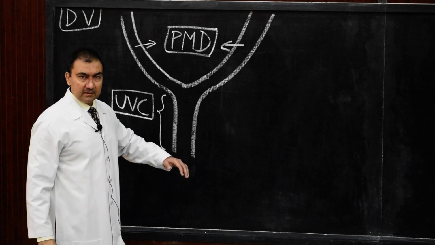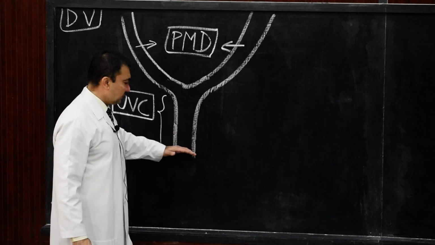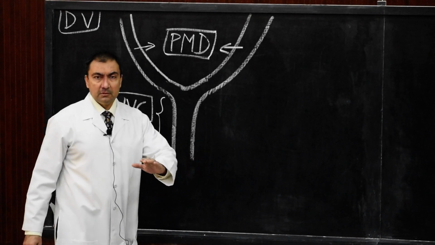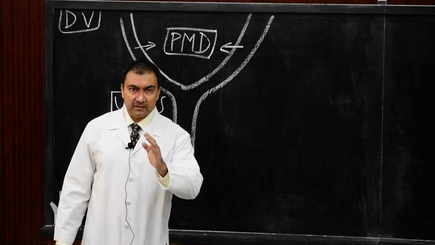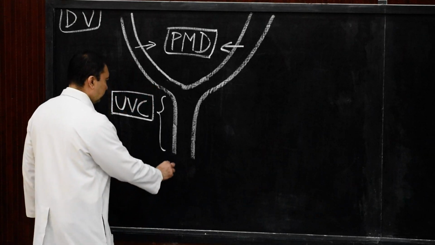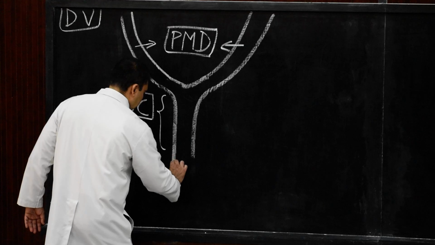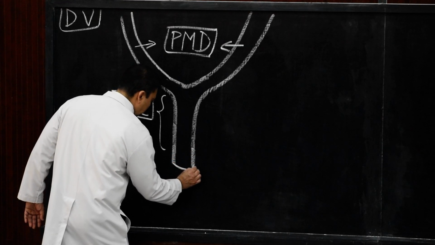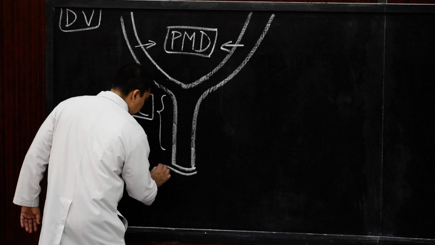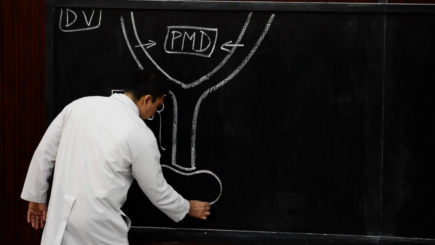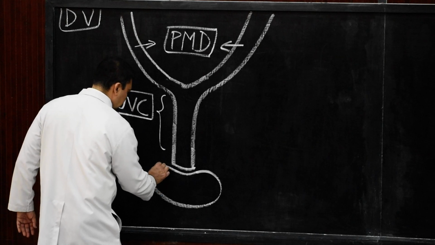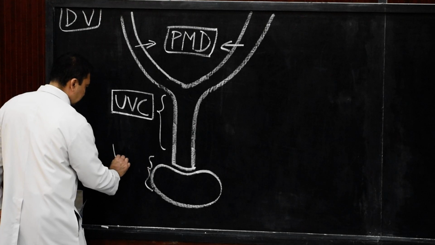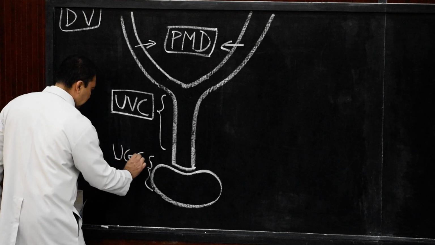And we know that the caudalmost part of the uterovaginal canal will open into the dorsal wall of urogenital sinus. So here the caudalmost tip, we will show that it opens into the urogenital sinus. Here we are drawing a section of urogenital sinus, and we mark this as urogenital sinus.